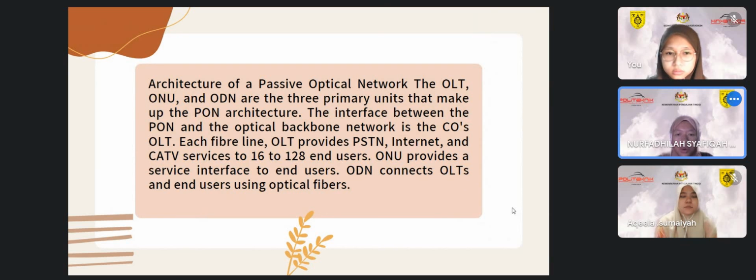Each fiber line from the OLT provides PSTN, Internet and CATV service to 16 to 128 end users. The ONU provides a service interface to end users. And lastly, the ODN connects the OLT and end users using optical fiber.